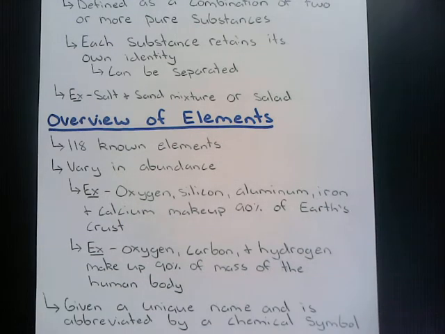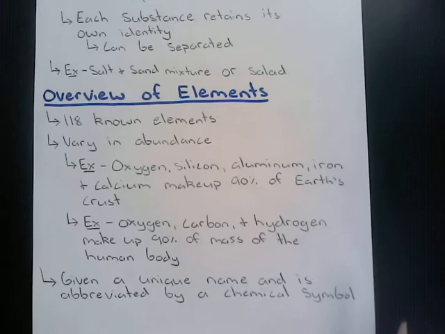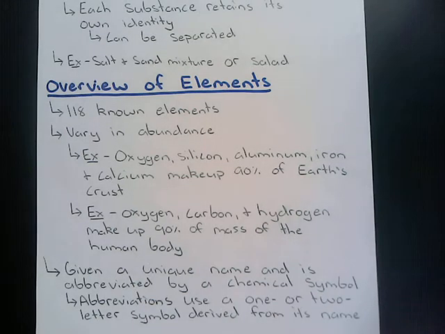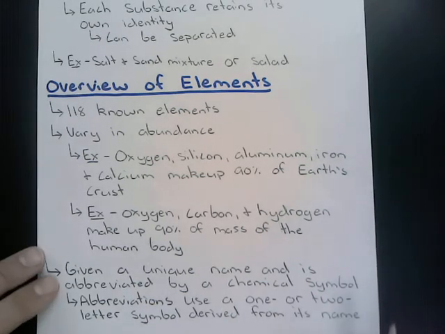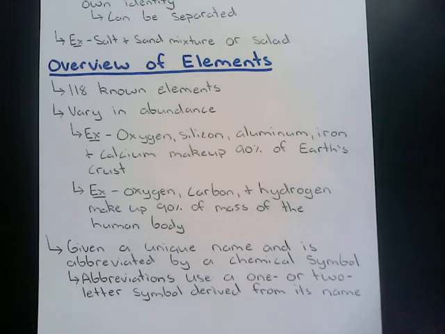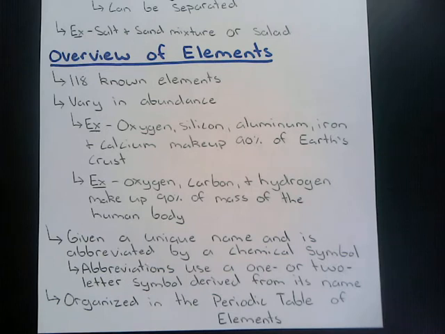This unique abbreviation, the chemical symbol for each element, uses either a 1 or 2 letter symbol that is derived from its name. Now, all of these elements that are known, these 118 elements, are organized in the periodic table of elements. And that periodic table of elements is where we're going to go next.